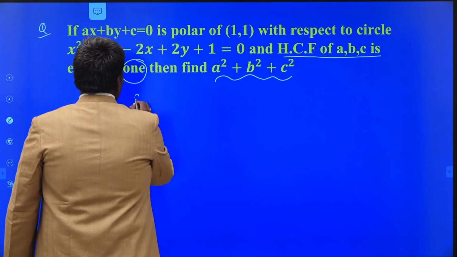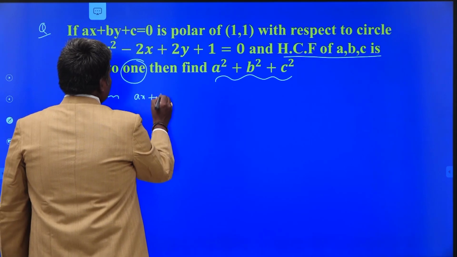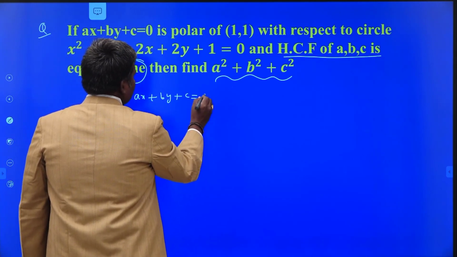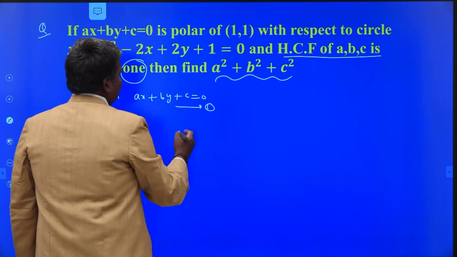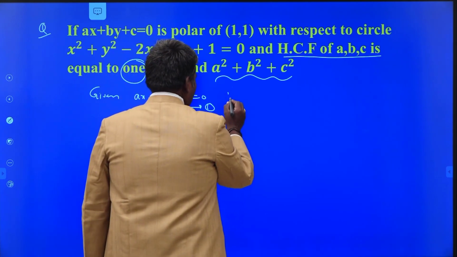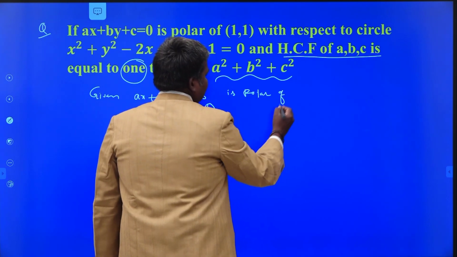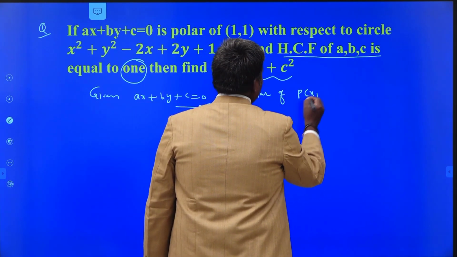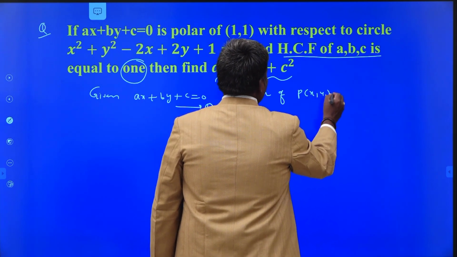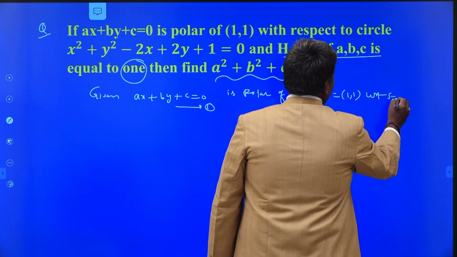What is given to you? Given ax plus by plus c equal to 0, say equation number 1, is the polar of P(x1, y1), here (1, 1), with respect to S equal to 0.